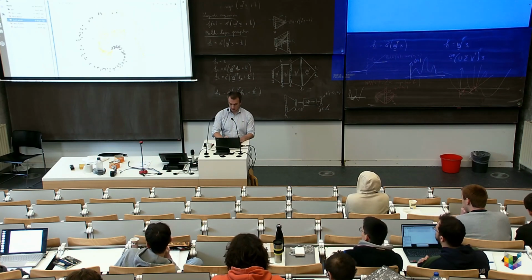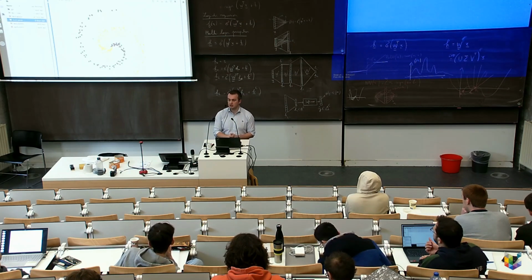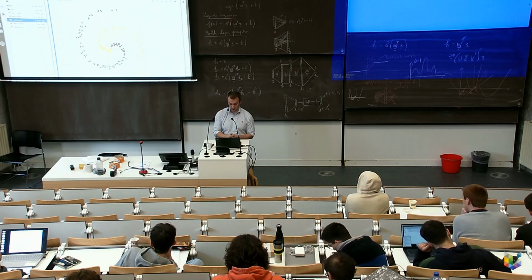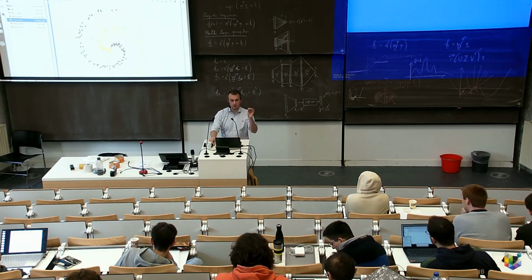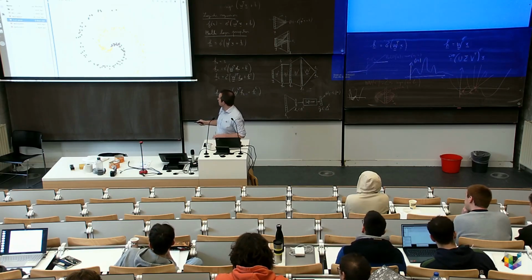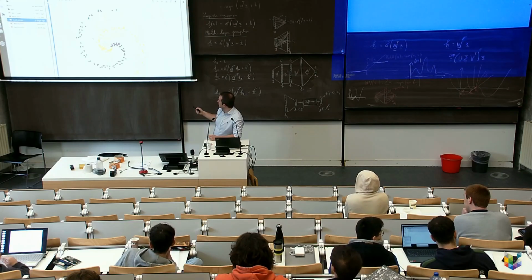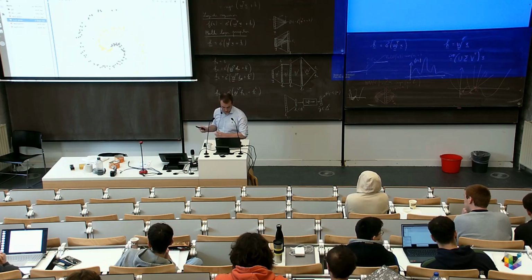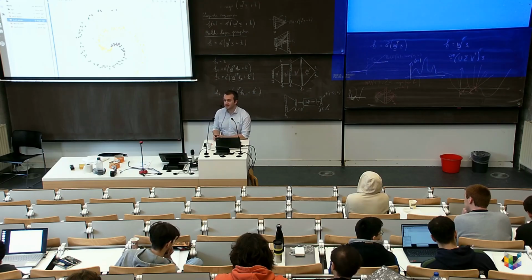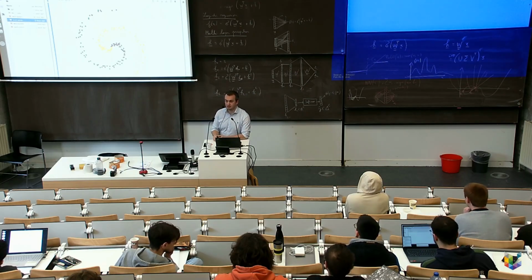I will be setting a classification problem where the goal will be, from a 2D coordinate of a point, to tell whether this point comes from the yellow class or from the black class. Okay? That seems easy, right?